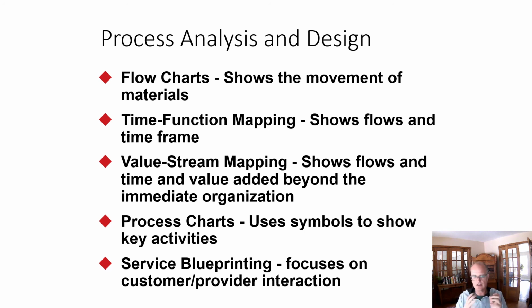You can see them in almost any operations textbook. Process charts have symbols that show key activities: storage, actual processing, transportation, wait time, and those sorts of things. So again, that allows us to see visually what activity is happening at that stage of the process.